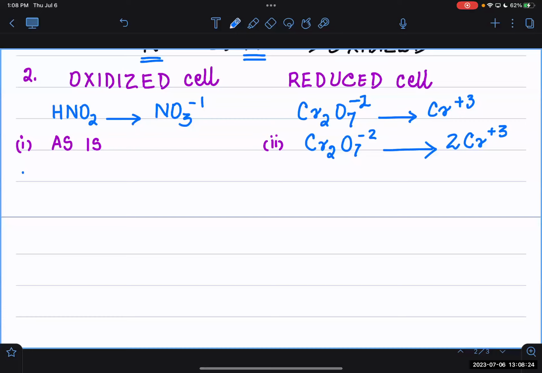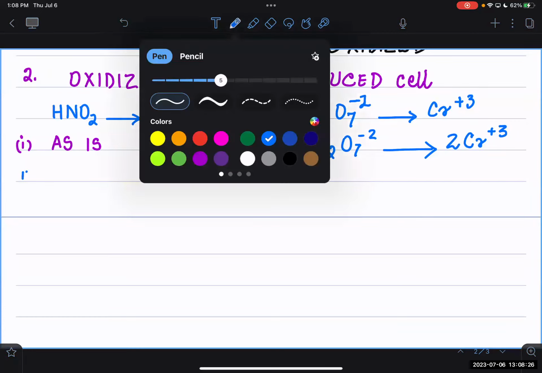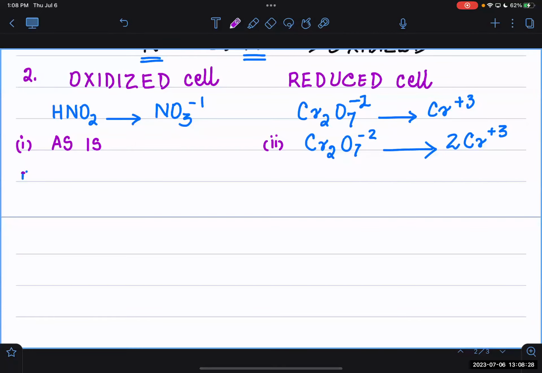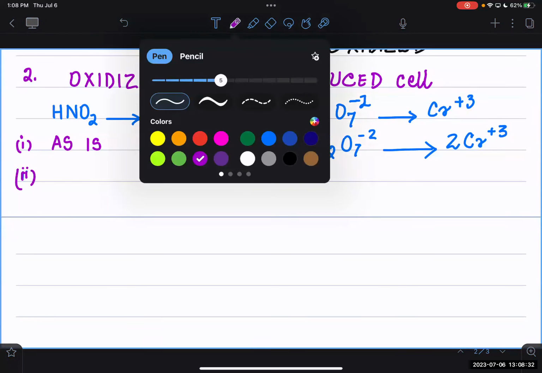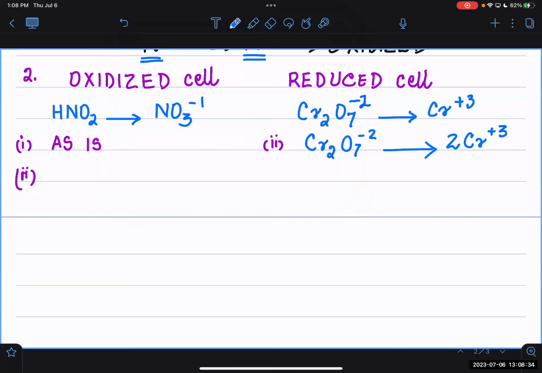Okay. What's the next step? Balance the oxygen. So in this case, how many oxygens do we have? We have 3 oxygens on one side in the nitrate and only 1 oxygen on the HNO2 side. And we have to balance the oxygens by water. Water can give you one oxygen and we need only 1 more oxygen.